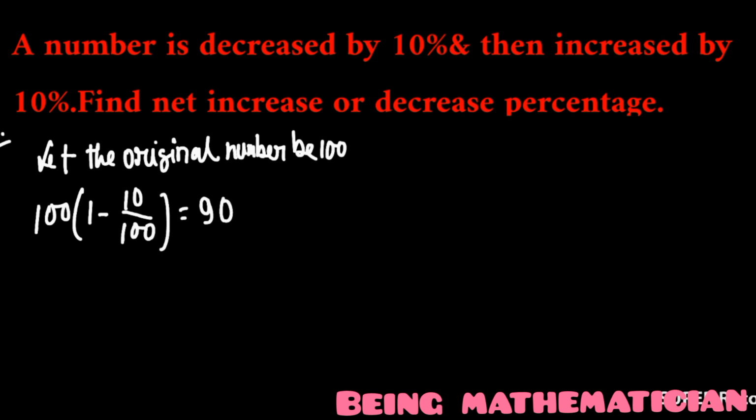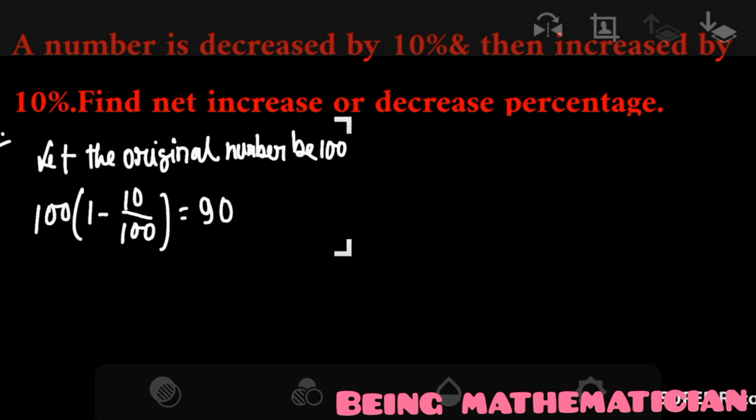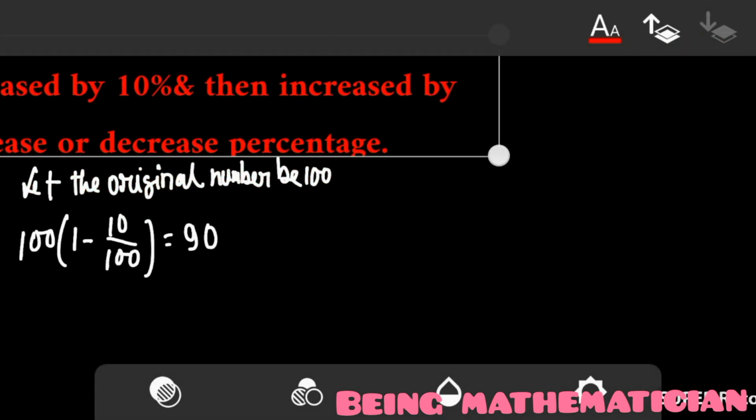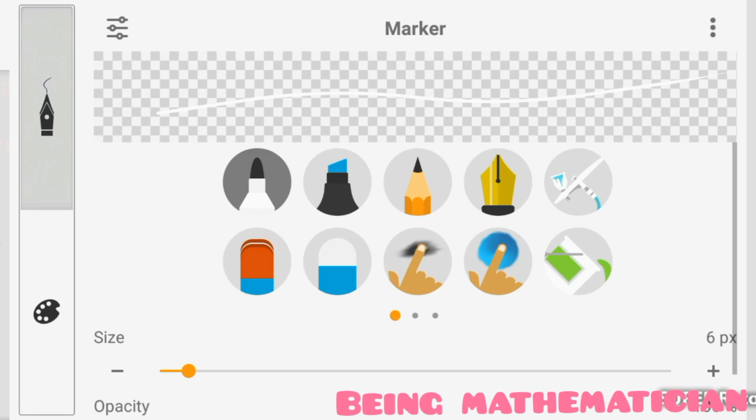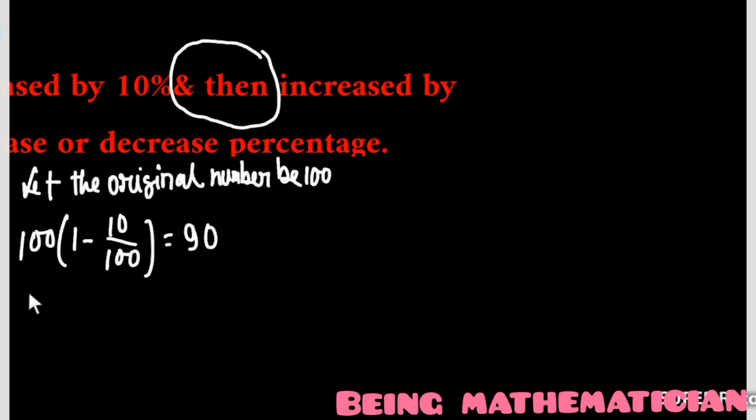Now some students do the wrong step in the second step. In the question it says "and then", and this part must be observed very carefully. Many students do 100 into 1 plus 10 by 100, that will be 110.